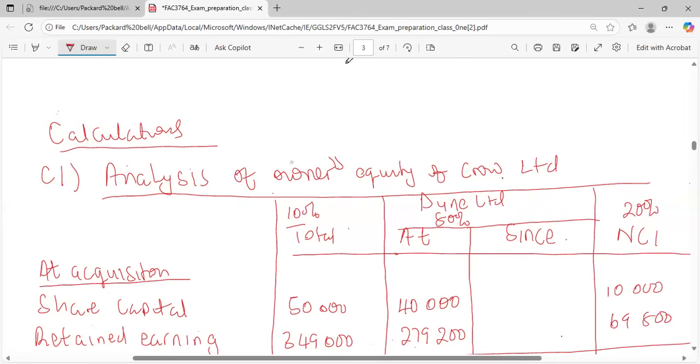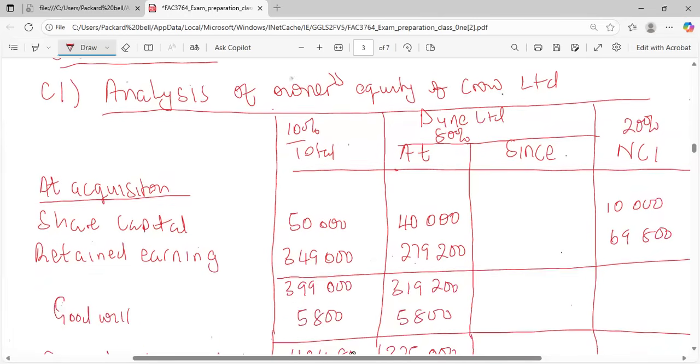Right, so what figure do we want here? We want the NCI. I think that's the only figure that we need. So which means it's going to be 69,800 plus 10,000. So it's going to be 79,800 here. That's the NCI.